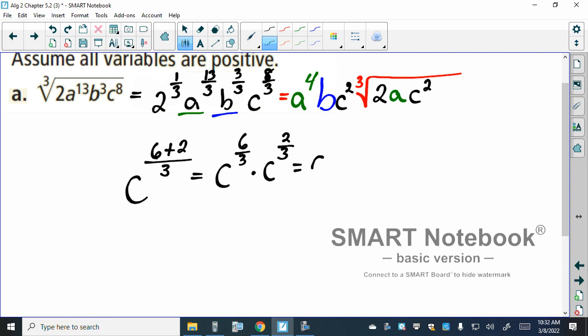Well, c to the 6/3 is just c squared times c to the 2/3. So the even ones, whatever we can divide evenly comes out, and whatever the remainder is what's left inside.